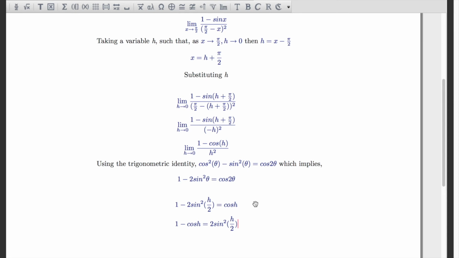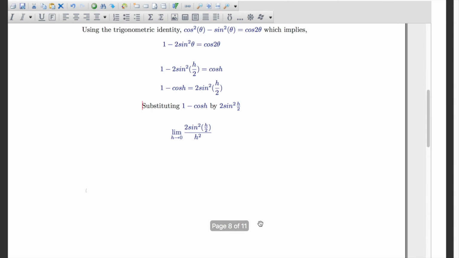So as we resolve the identity to relate sine and cos, we get 1 minus cos h is equal to 2 sine squared h by 2. This we can go ahead and plug into our function, and we see that we get a really simplified form of the earlier function, which almost seemed impossible to solve in the beginning.